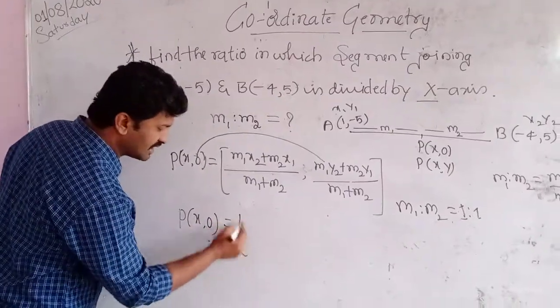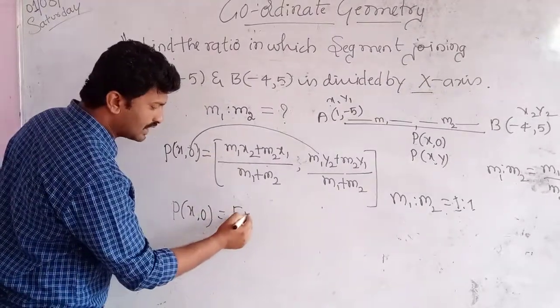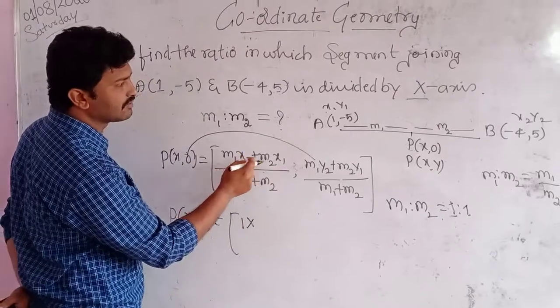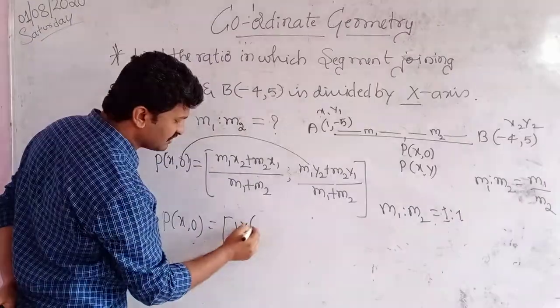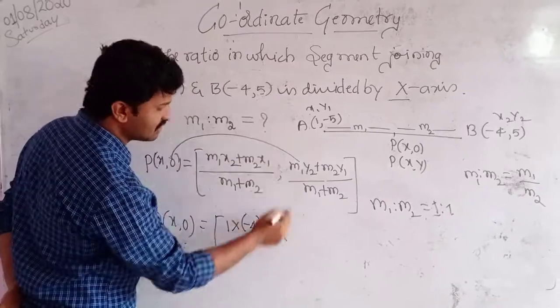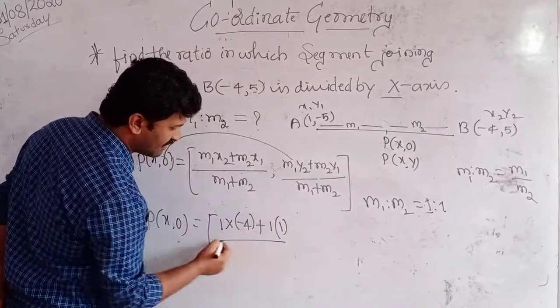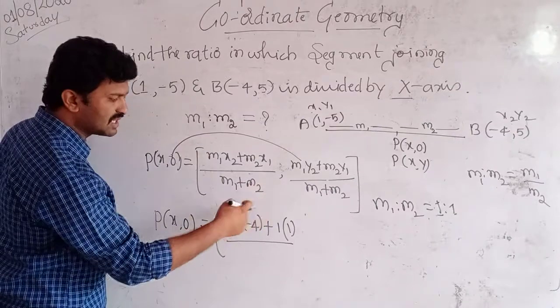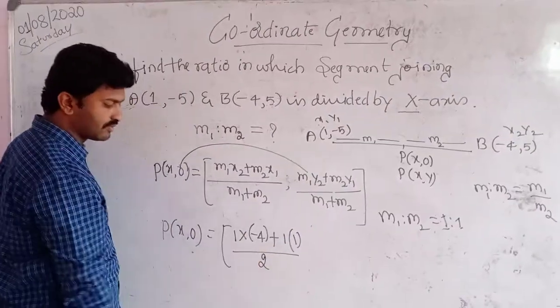I'll substitute here. m1 value 1 into x2, which is minus 4, plus m2 is 1, x1 is 1, divided by m1 plus m2, which means 1 plus 1 is 2.